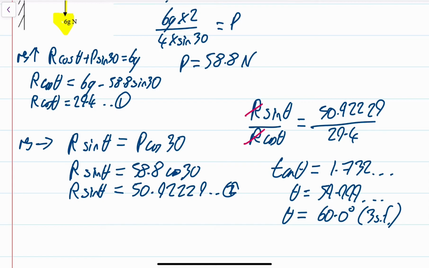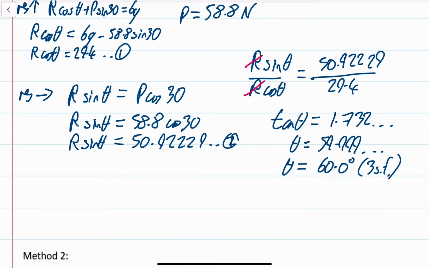And then to find your R, I'm going to just sub into equation 2. Well, that means R sine 60 is equal to whatever it was. Why would I put it into that one? Put it into the nice one.